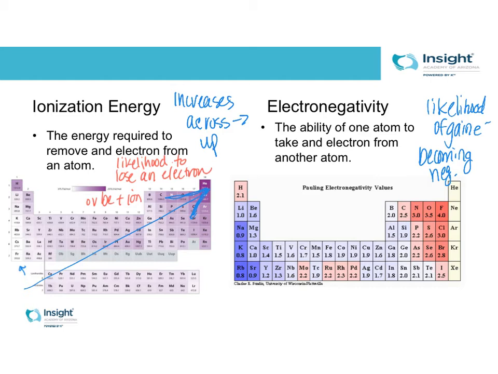You can see based on the values here, again, this increases going across or to the right and up the periodic table. As we talk about noble gases, we'll talk about why noble gases don't have an electronegativity value. They also have really, really high ionization energies. We will talk about why that is when we define noble gases.